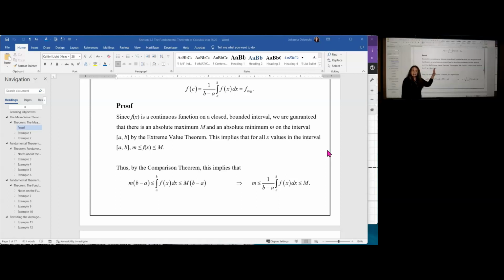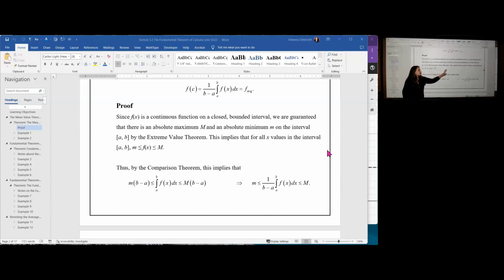We're guaranteed that there must be an absolute maximum, uppercase M, and an absolute minimum, lowercase m, on the closed interval from a to b. It's either at a critical point in the interior, or it occurs at one of the endpoints, a or b. There has to be a maximum y value and a minimum y value.